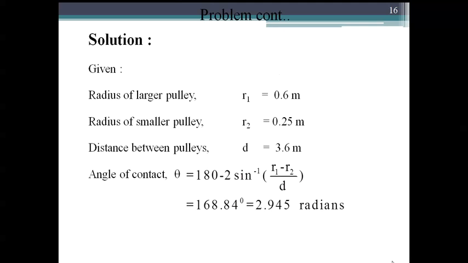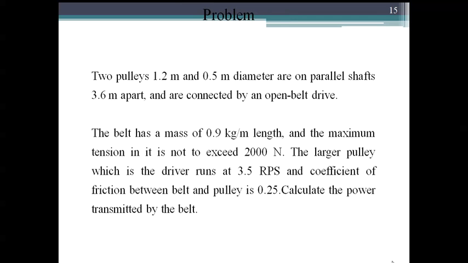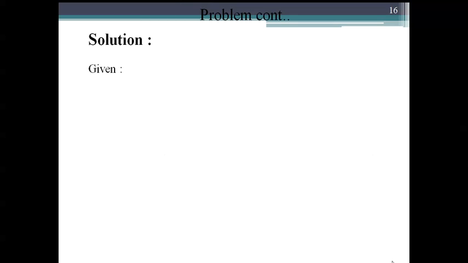After finding theta, the velocity, or speed of the belt, v equal to pi d n. Here n is given in rps, 3.5 rps.